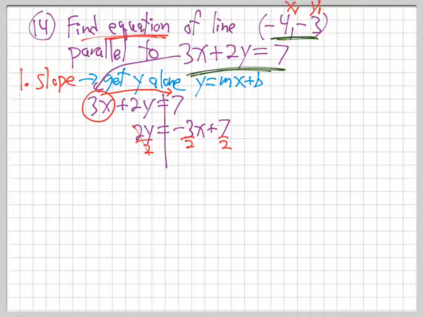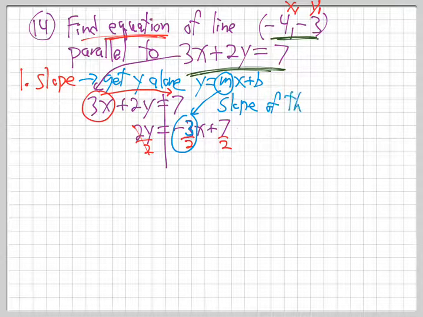Now, why did I do all this? Because I wanted the slope. y equals mx plus b. Where's the slope? The m is the slope, what's next to x. Negative 3 halves, not the x, just the thing next to x. Negative 3 halves.